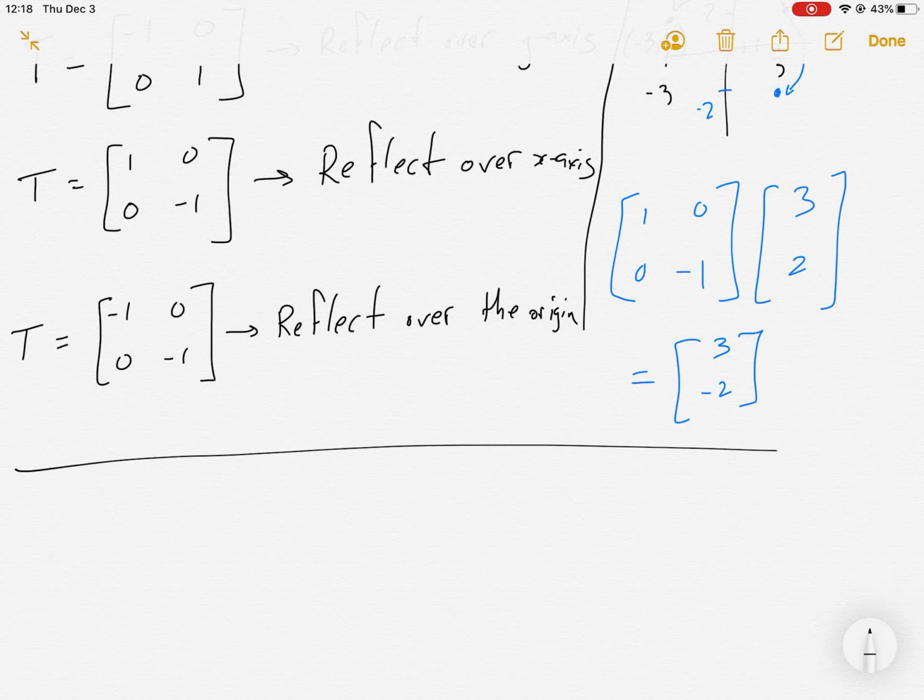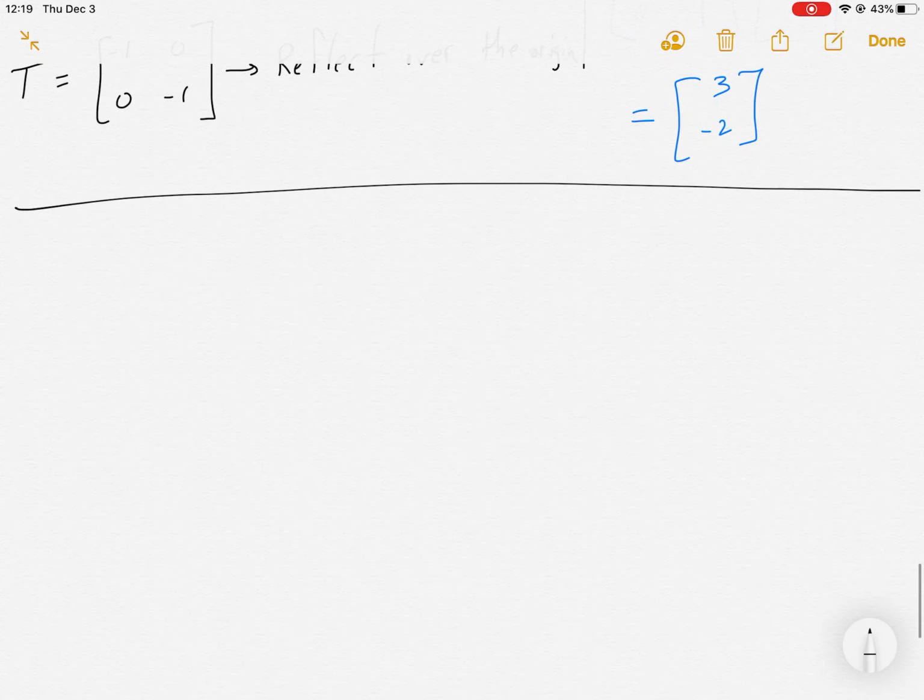Okay, now the last one I want to do is, this will be a little bit new. So what I would like to do is reflect over the line y equals x.